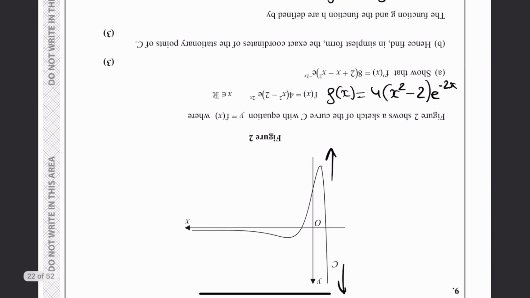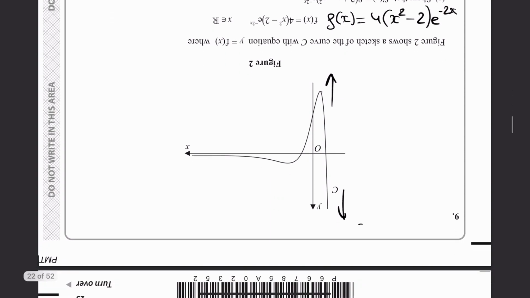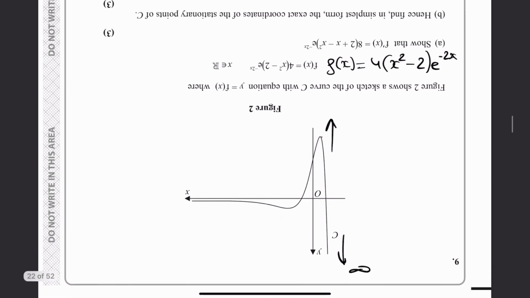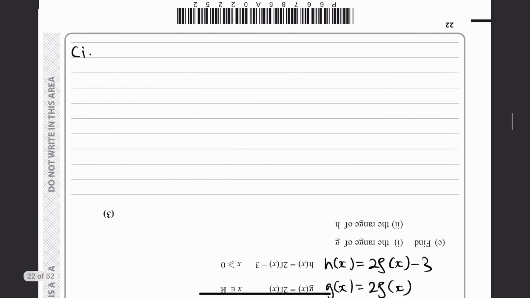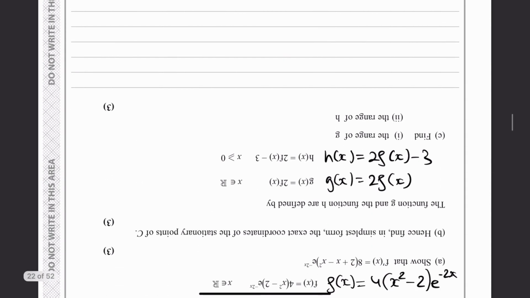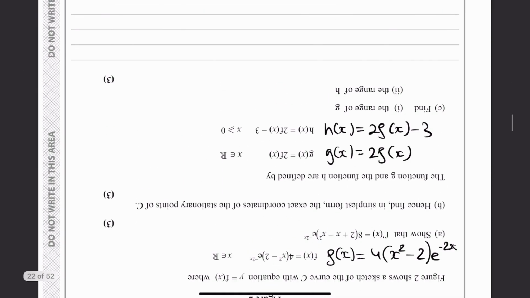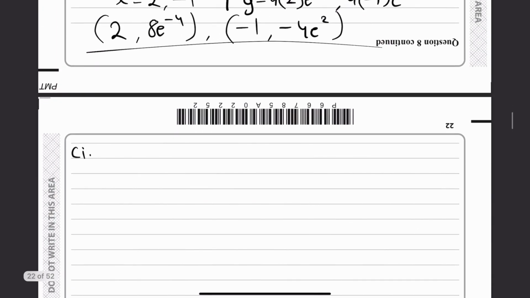So yeah, this is going to go to infinity on this side, and this is the lowest point it's ever going to go. So the range of g is going to be 2 times this point, and we know that's here.